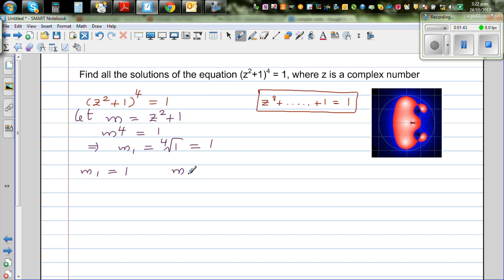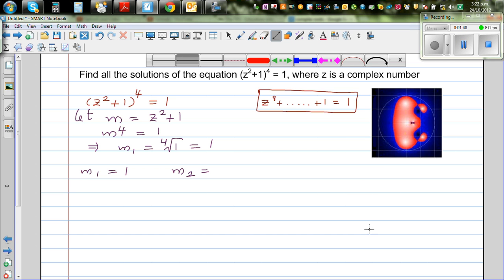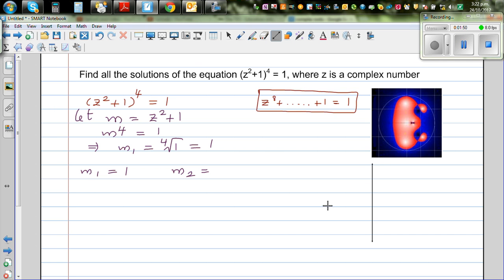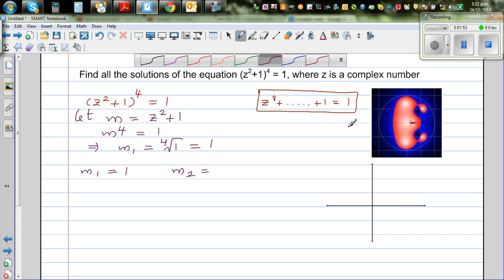m2 would be at an interval. I hope you know the Argand diagram. So what we're saying is there are 4 roots here. If one root is, say, 1, if this is your m1, the other root would be, if there are 4 roots, at an angle of 90 degrees. So this is your real arm and this is the imaginary arm.